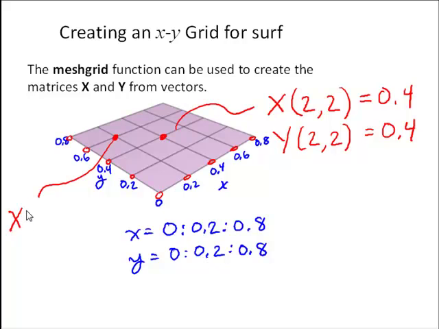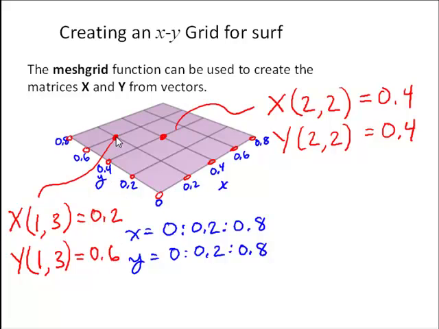So this would be the first row of X and the third column, and that one is equal to 0.2, and Y, again first row, third column of Y, to get that corresponding point in y, which is 0.6. So that gives us that point in space.